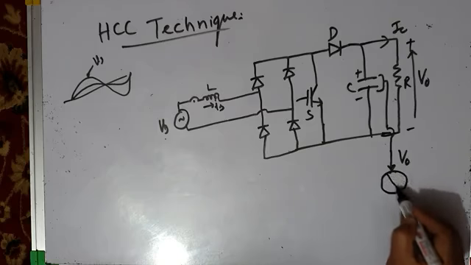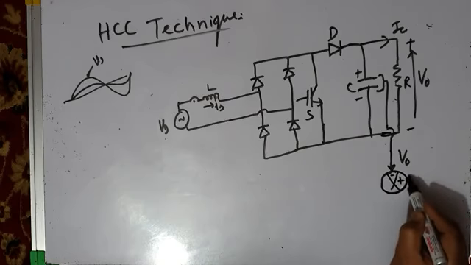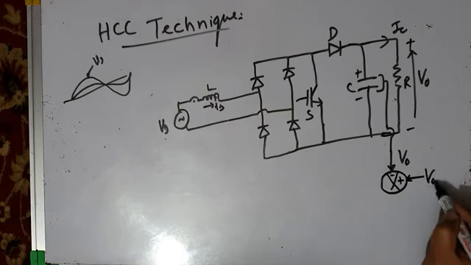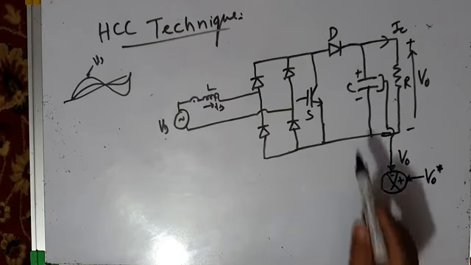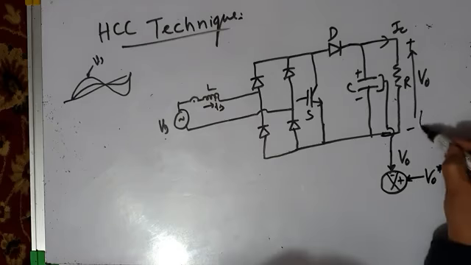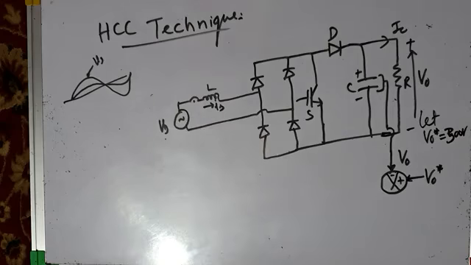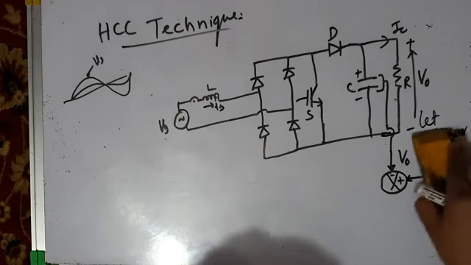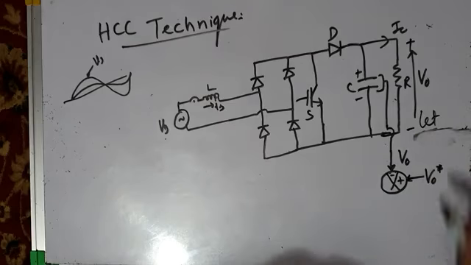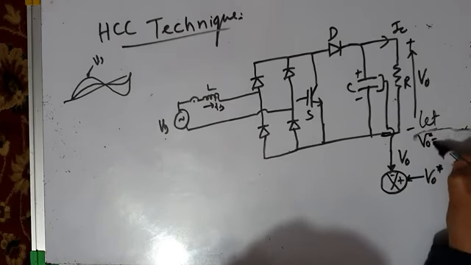And then this output voltage is compared in a comparator with a reference output voltage V0 star. Let us suppose the reference output voltage, that is the desired output voltage, be say 300 volts. Suppose input voltage, let the reference output voltage be, let us say, 400 volts.